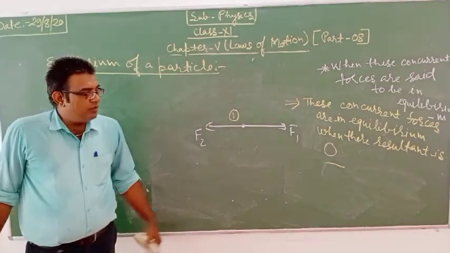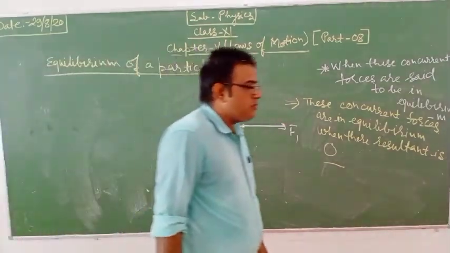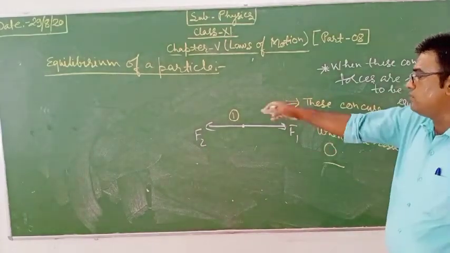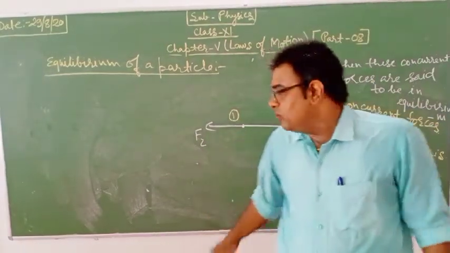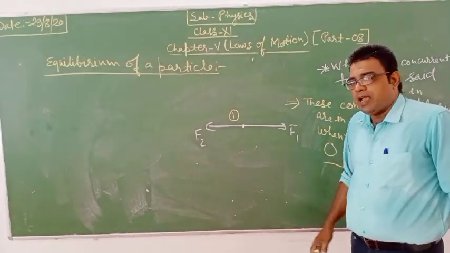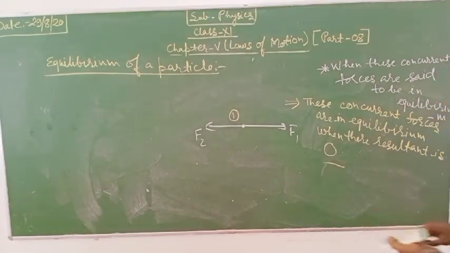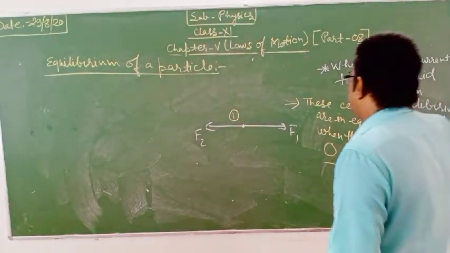When the resultant of these forces is 0, then the net force acting on the system of forces is equal to 0, and in that case we can say that these concurrent forces are in equilibrium. Now we will discuss it one by one.